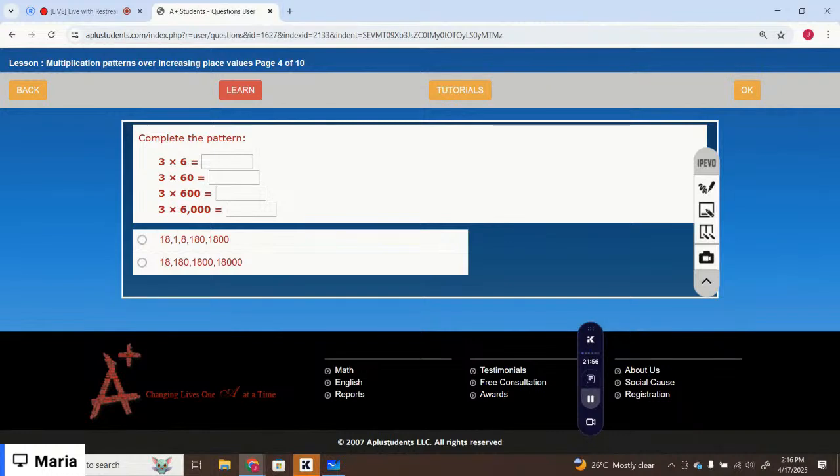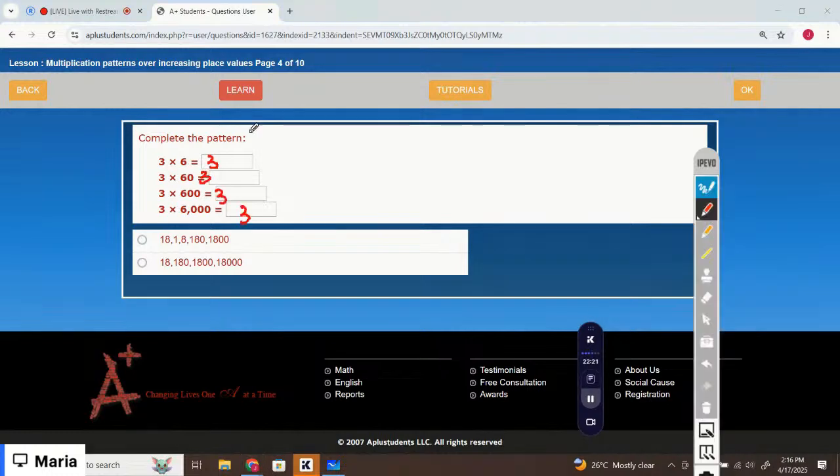Complete the pattern. Option number 1 is the correct option.